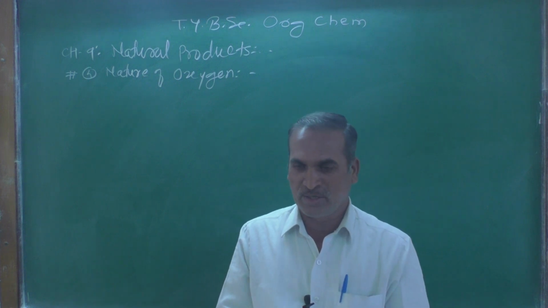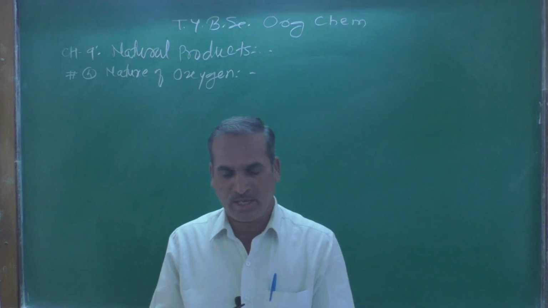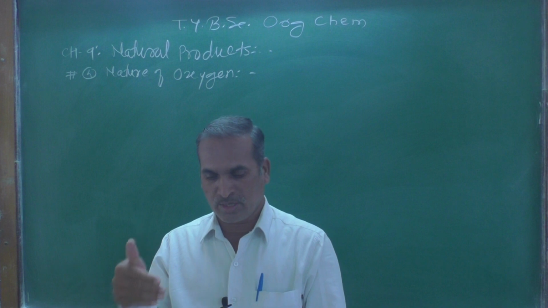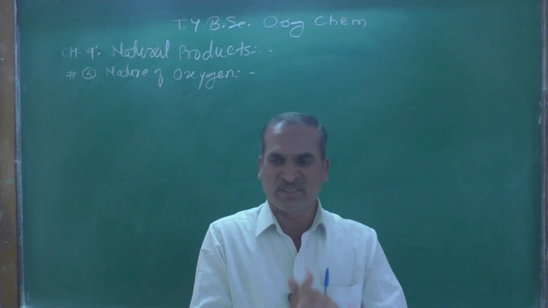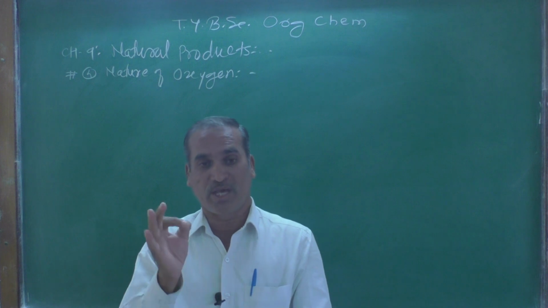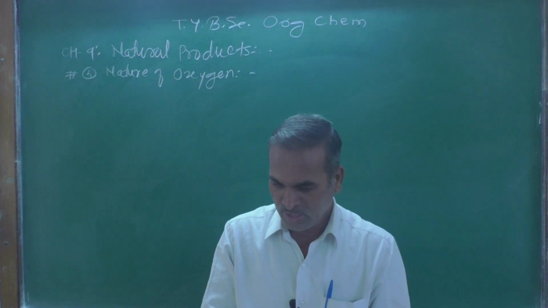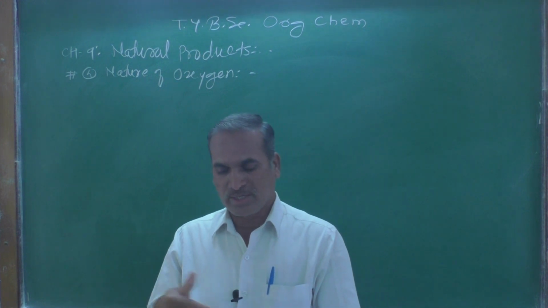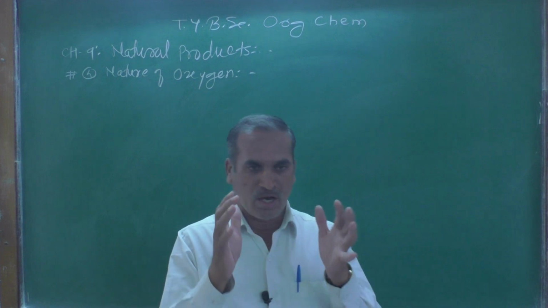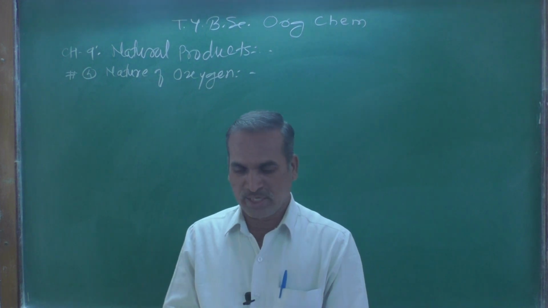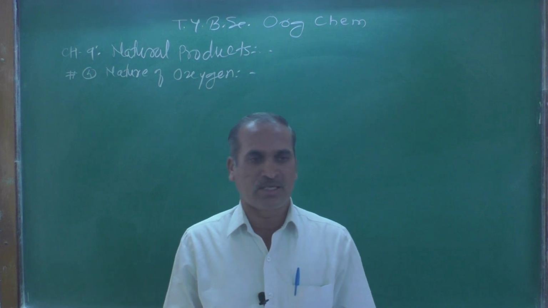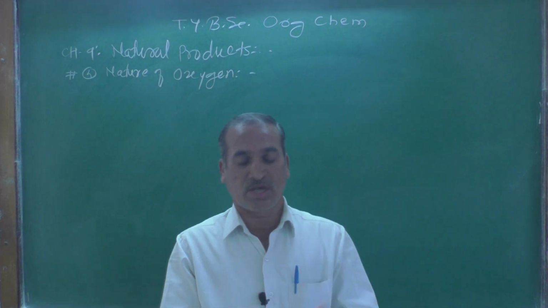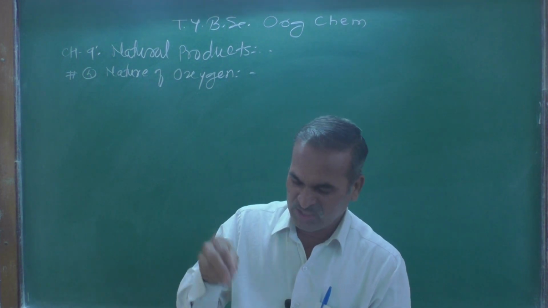Do you remember what we were discussing yesterday? I think we were discussing monoterpenoids. Among those, only one example we discussed, that is citral. We covered which class it belongs to, where it occurs, how to isolate it, its properties, the uses of citral, and then the structure determination of citral.